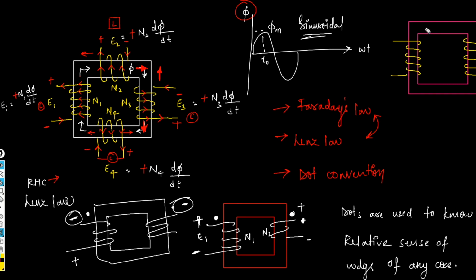Now the flux direction has been given in this way, which is responsible for the production of EMF E1 here and E2 here. So with this particular information, now we are able to find the direction and the polarity of the EMFs.